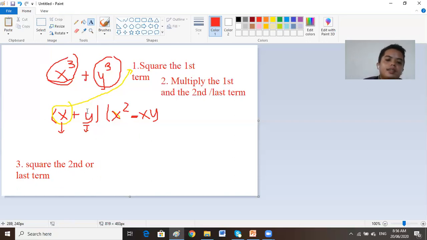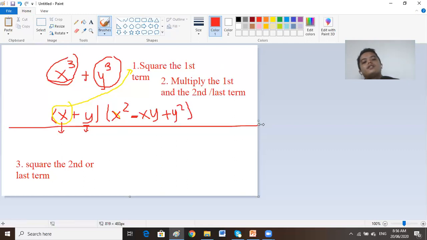So this is your last term here, y. At the same time, this is your second term. What is the square of y? That is y squared. So this is the answer, or this is how to operate.